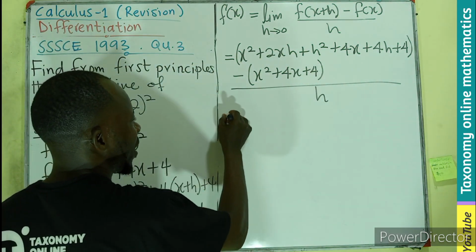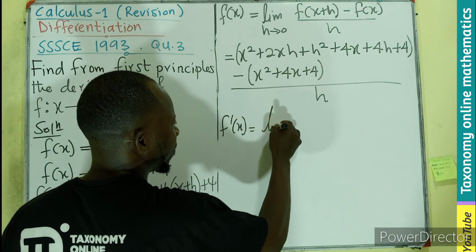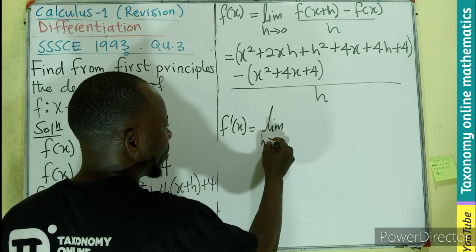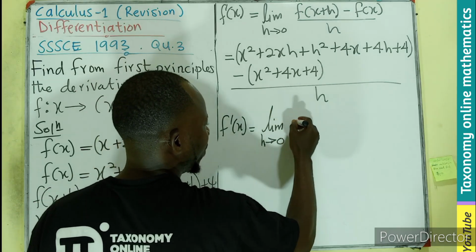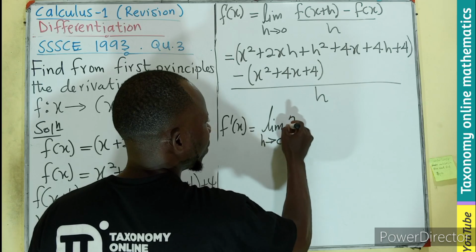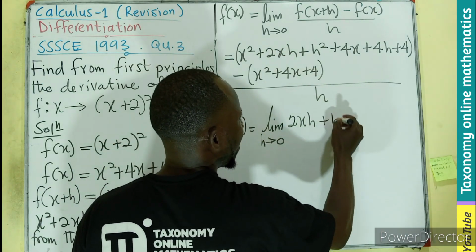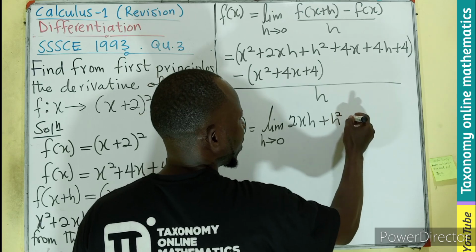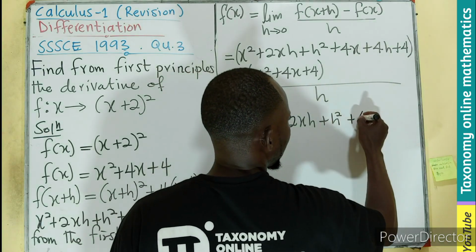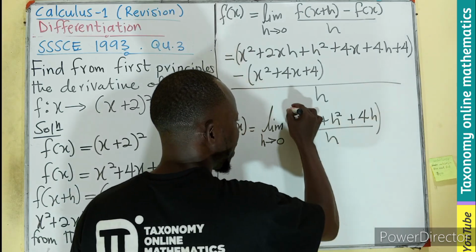So therefore, our differentiation with the limit as h is approaching 0 will be left with only 2xh plus h squared plus 4h, all divided by what? h.